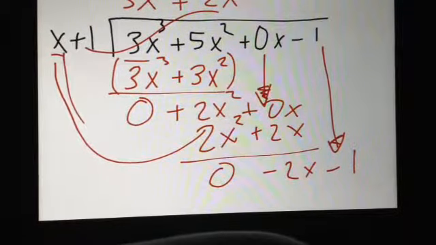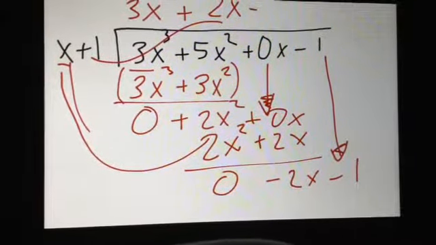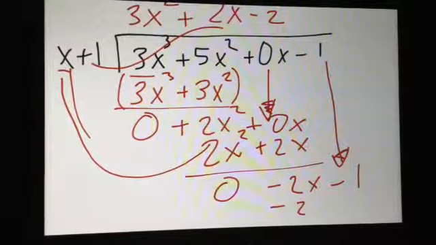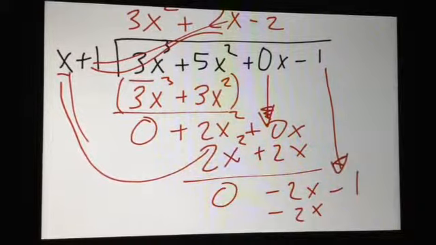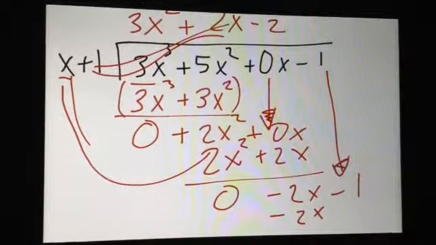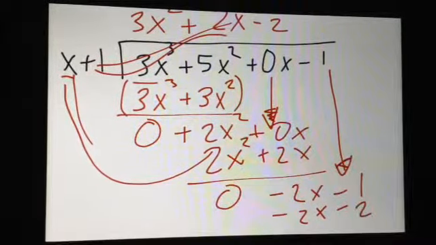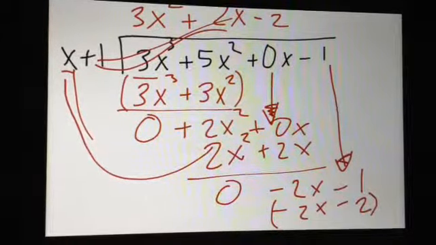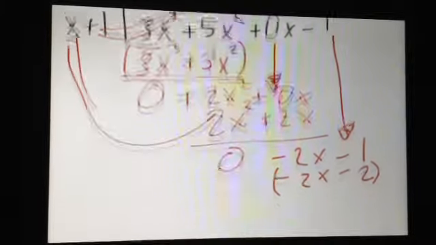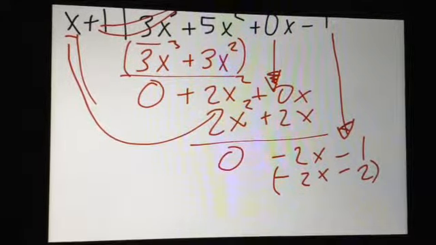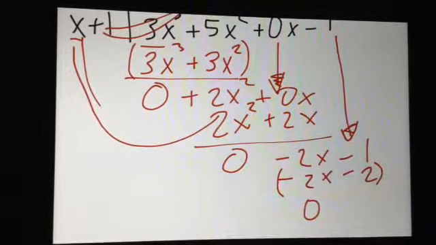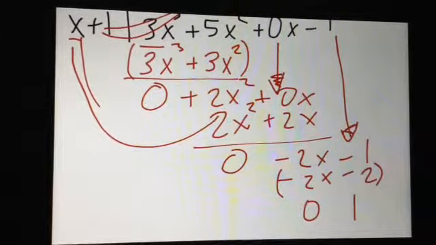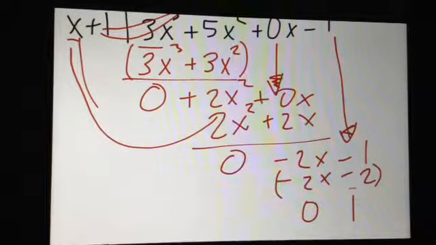So then x goes into negative 2x negative 2 times, multiply back again, negative 2 times 1 is negative 2, minus this whole quantity, and we go negative 2x minus negative 2x equals 0, and then negative 1 minus negative 2 equals 1. So we end up getting a remainder of 1.